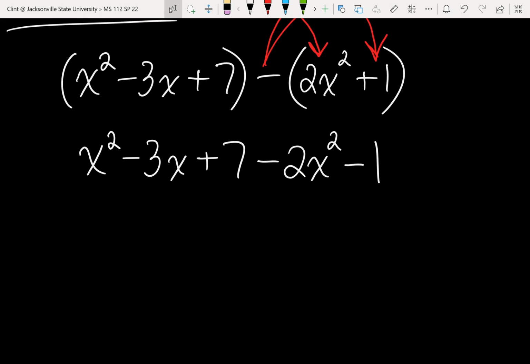Now we just combine like terms. What like terms do we have to combine here? Yeah, we've got an x squared term and a negative 2x squared term. Those are like terms, so x squared minus 2x squared will give us negative x squared. What else do we have?